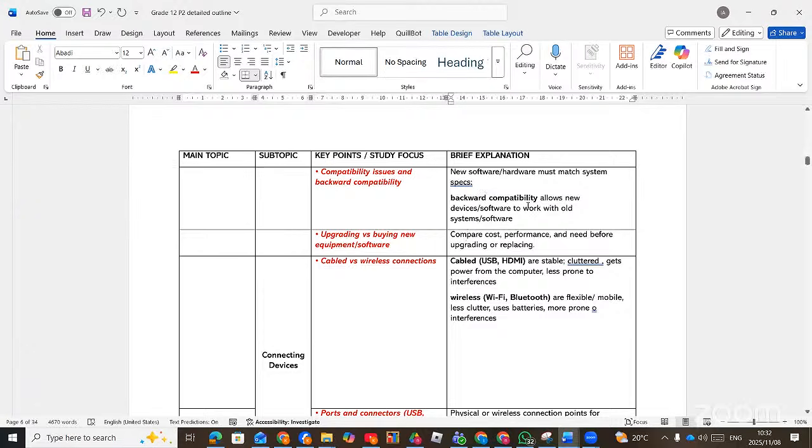Then backward compatibility is where it allows new hardware or software to work with the old system or software. For instance, I'm using Office 365. I will be able to open files that were saved in Office 2013 or Office 2007, the lower versions.